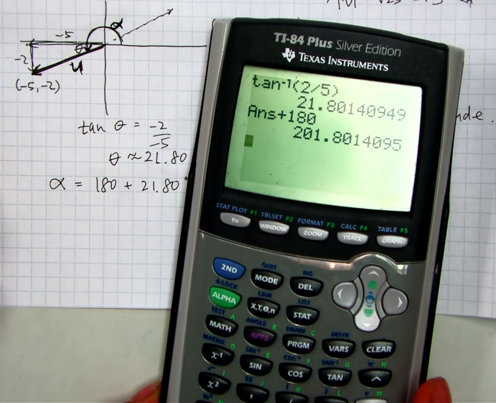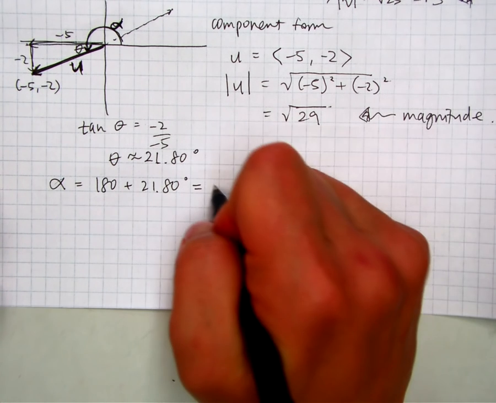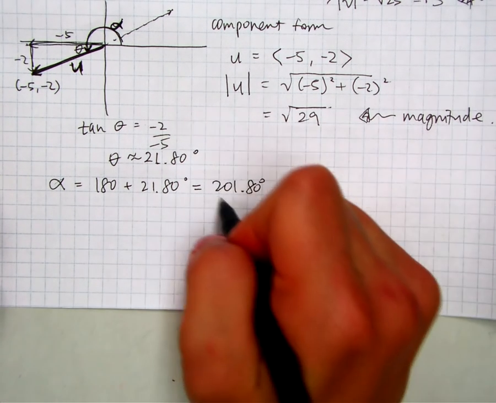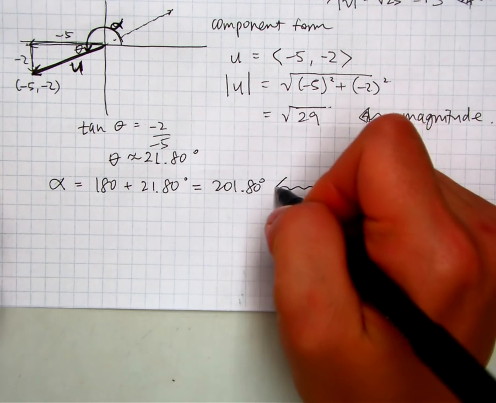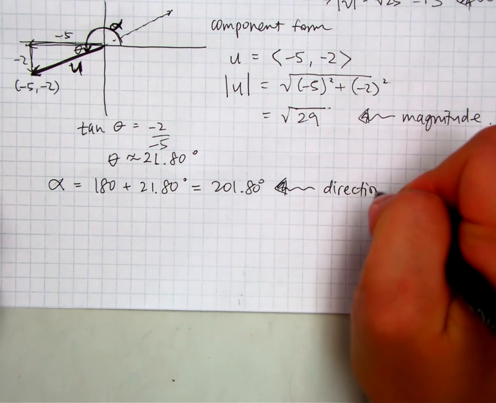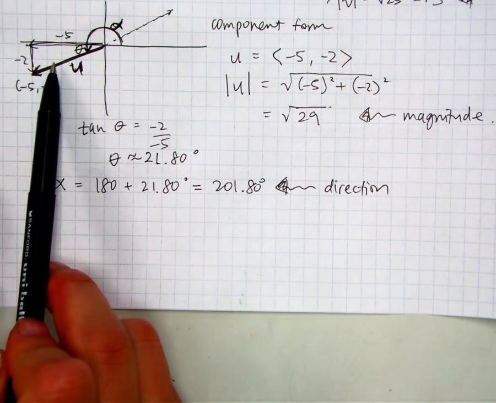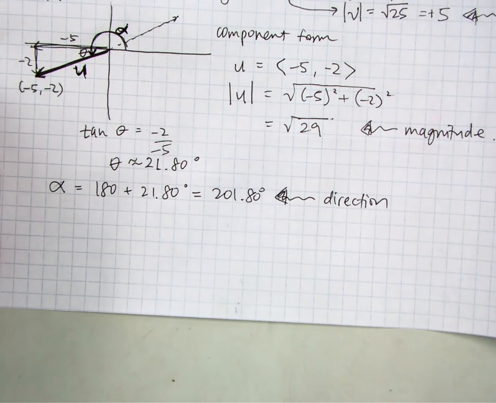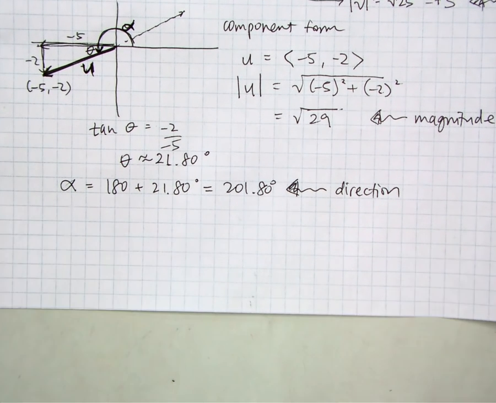I get 201.8 degrees. This right here is the direction of my vector u. So it's over 180 degrees. Okay? All right. Next.